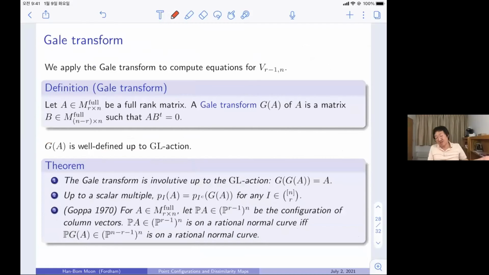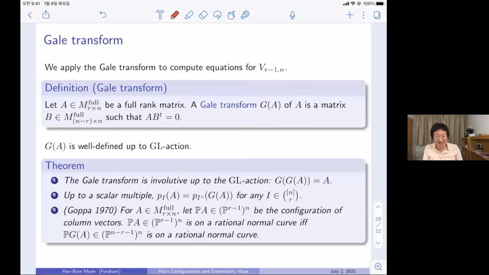The linear algebra definition of the Gale transform is the following. Let's take an R by N full rank matrix A. Then the Gale transform G_A of A is another matrix B, which is an N minus R by N full rank matrix, such that A times B transpose is the zero matrix.